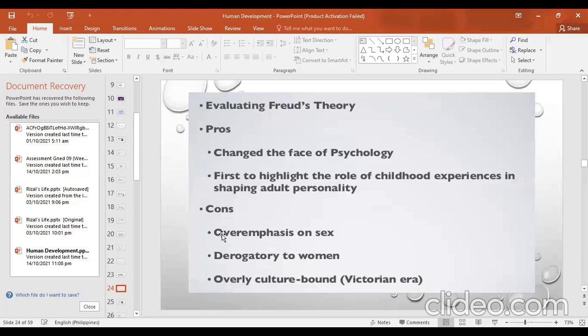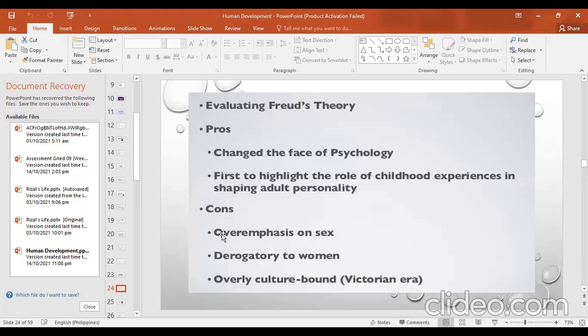Pero dito naman, yung focus niya dun sa sexual pleasure na yon ay mapupunta dun sa opposite sex. Okay? Example, boy to girl, girl to boy. Ayan. So, kapag ito ay hindi napigilan o kapag ito ay nagkaroon ng fixation, it is very mentally unhealthy for adulthood.